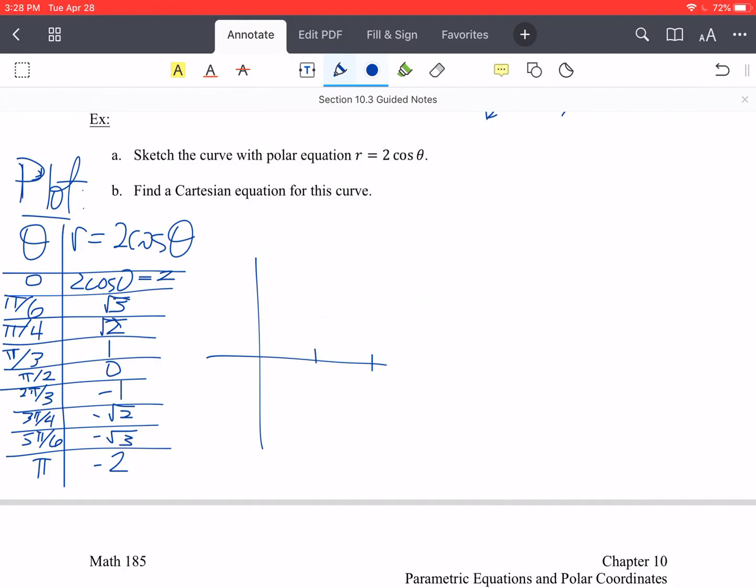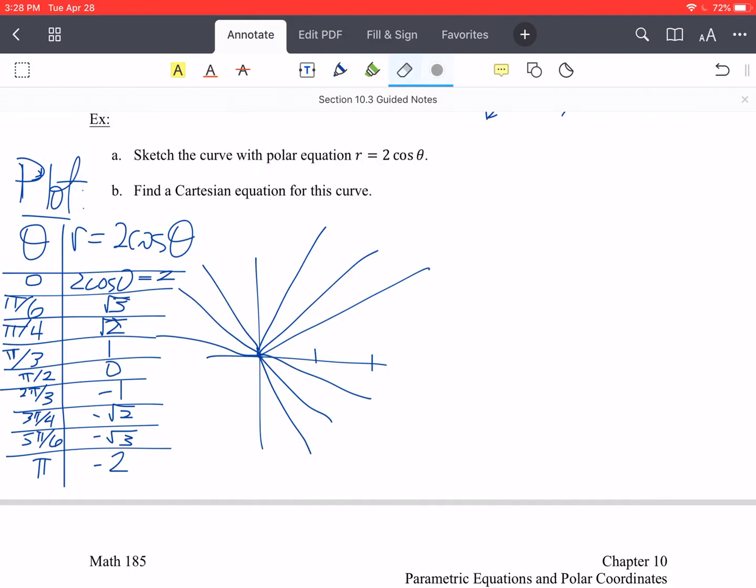This is my pi over 6. You're going to make these dotted because they're just kind of a placeholder, but it's going to be easier for me to draw them out as a whole. And you're not going to need that bottom quadrant, and you'll see why in just a little bit.